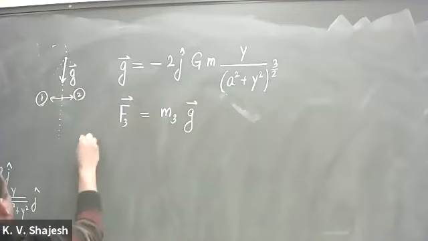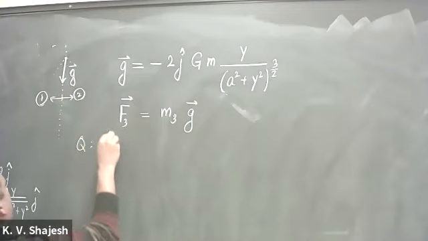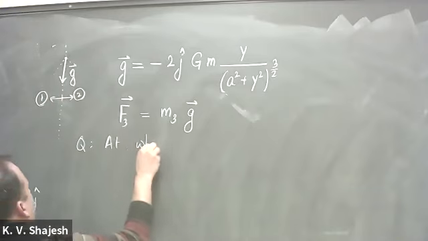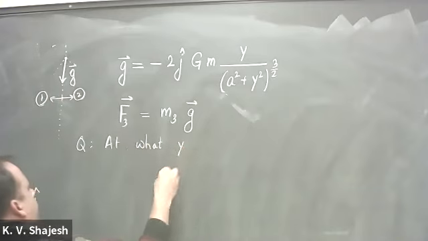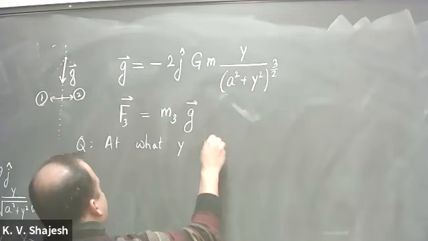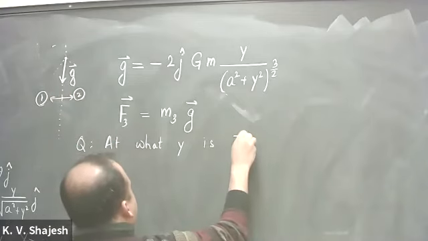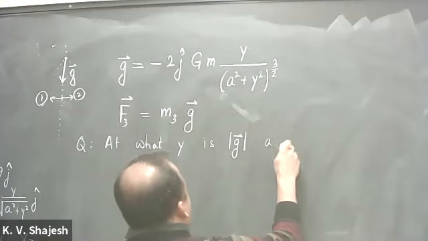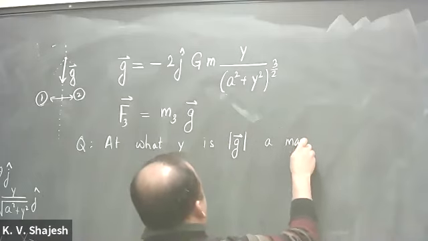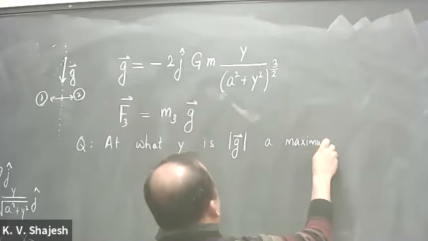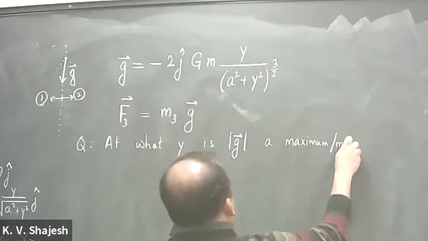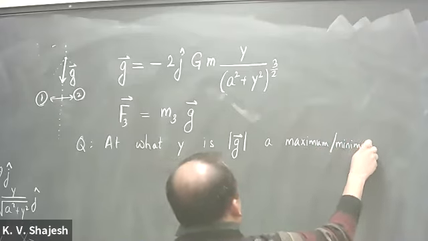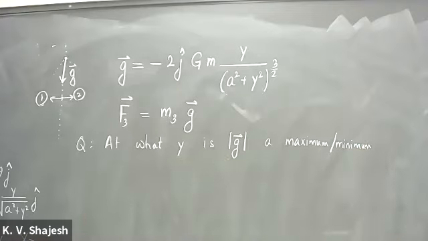So let's ask the question, at what height y is g, the magnitude of g, a maximum or a minimum? Should there be a maximum or a minimum?